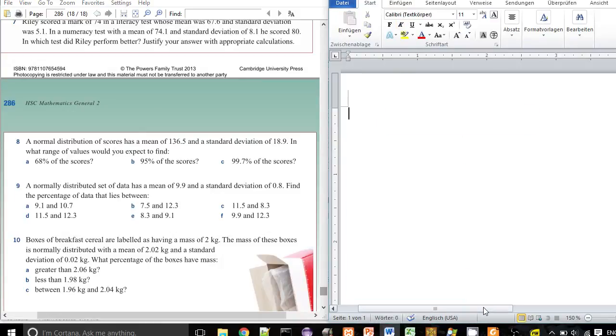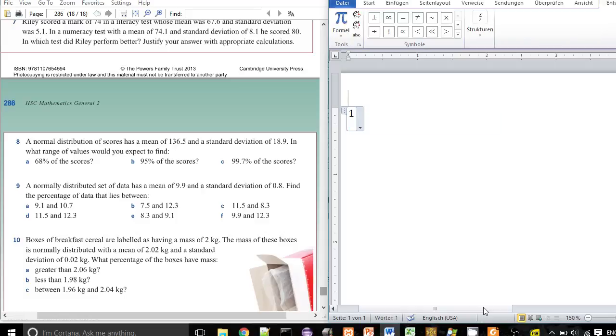Alright, so if we do 136.5, if we add a standard deviation, see what we get. 145. Okay, I think that's the highest, and 136.5. If you take away 18.9, 18.